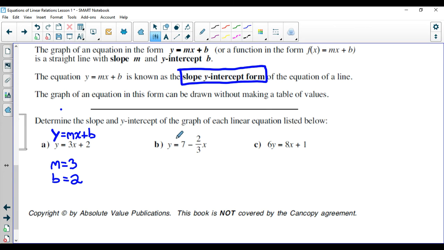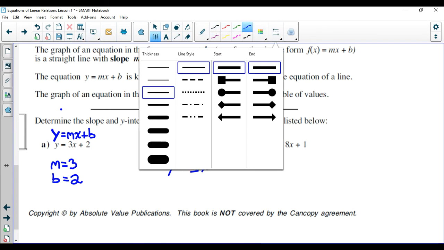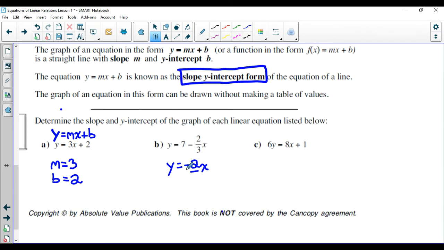For this one, just check, is it in the form y equals mx plus b? Yeah, it is. It's written a little bit differently. If you rewrite this as y is equal to negative 2 over 3x plus 7, all I did is switch these two around.